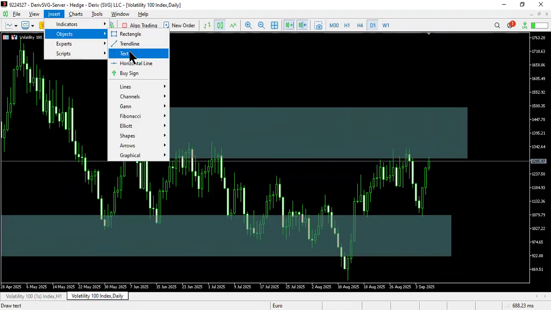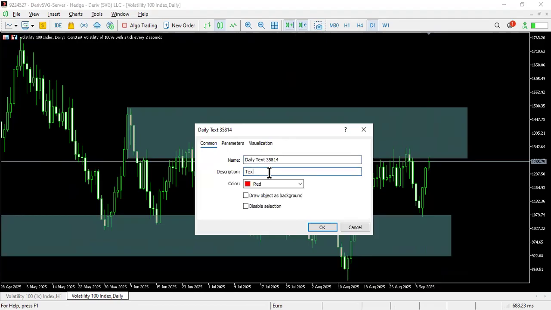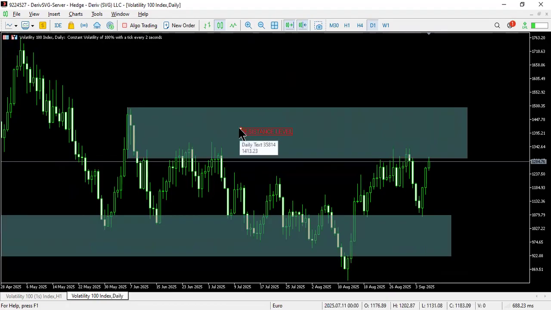That is a resistance level from the daily time frame.